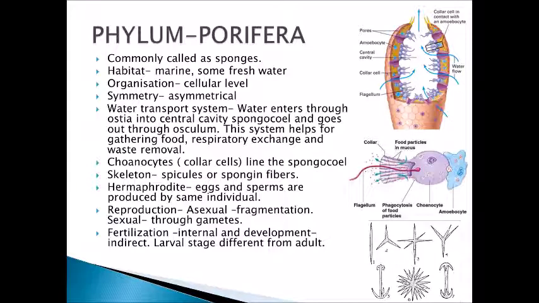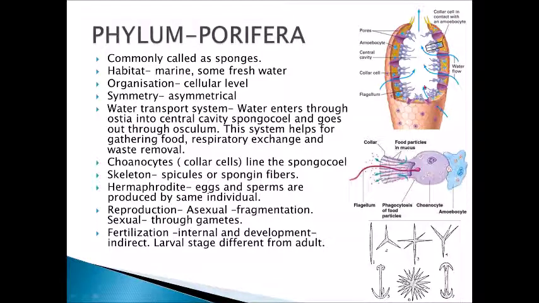These organisms have a water transport system. Water enters through ostia. Ostia are the pores on the body. You can see these small circular pores. These are the ostia. Through these the water enters inside the body and goes into the cavity.